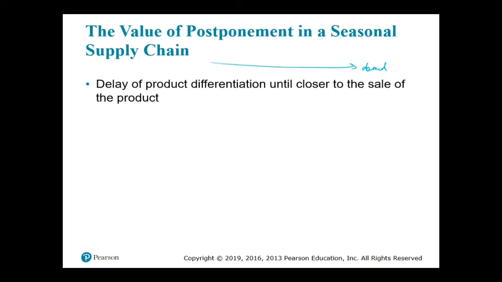As a retailer or, say, a manufacturer, I may produce a variety of different kinds of products, but I may not differentiate between different kinds of product until a certain point.